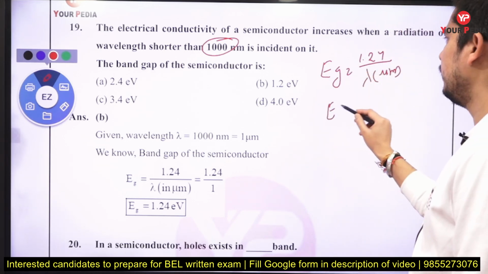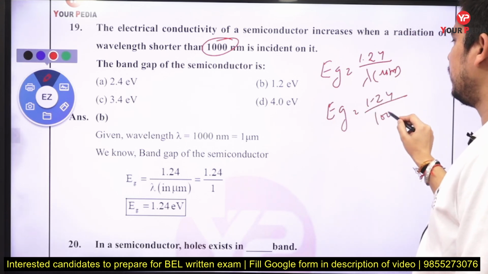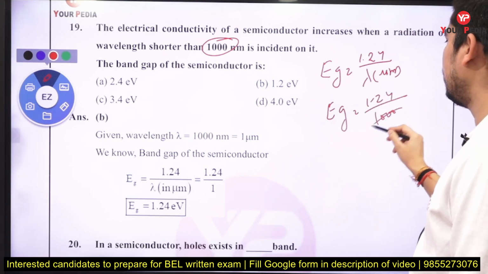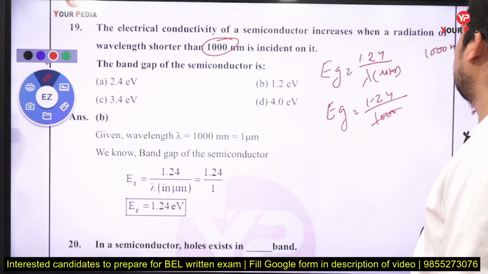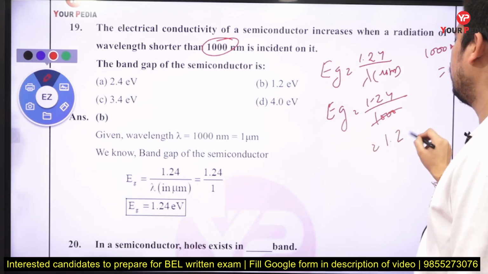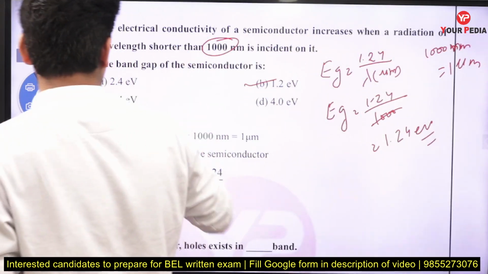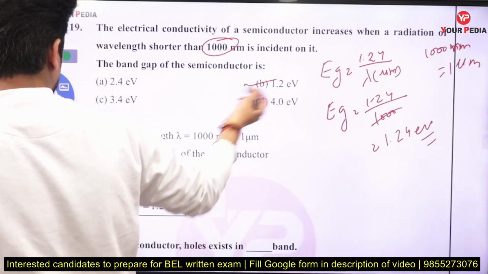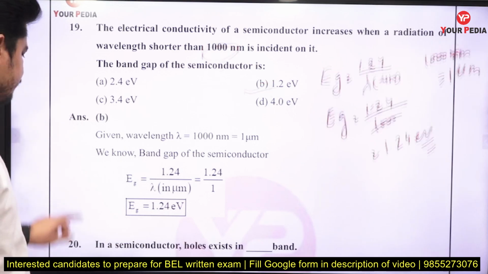So energy is going to be 1.24 divided by 1000 nanometers. Convert that: 1000 nanometers is equal to 1 micrometer. So it is going to be 1.24 electron volt, roughly 1.2 electron volt. The exact value is 1.24 electron volt.